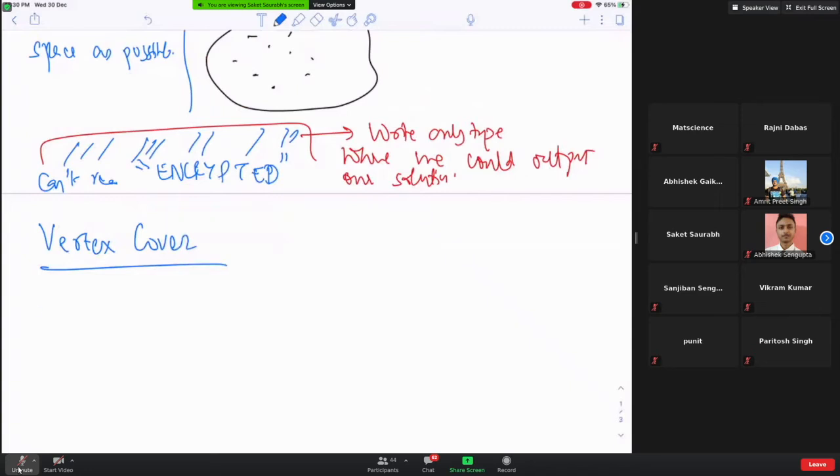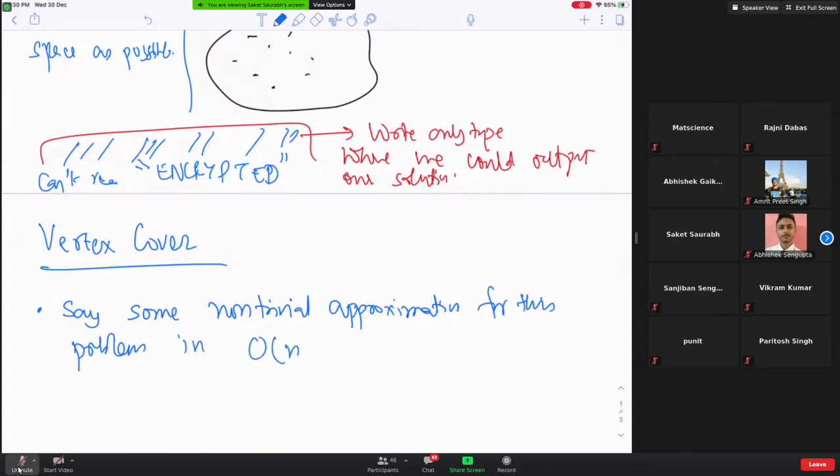Now, can you tell me an algorithm for vertex cover, for example? Our objective will be, for now, some non-trivial approximation algorithm for this problem in, say, order n to the power 1 minus epsilon space.